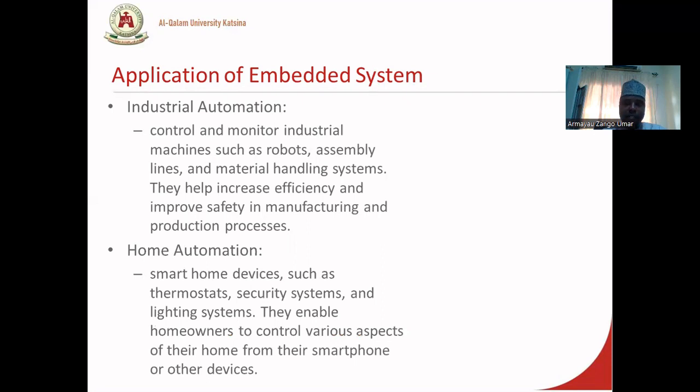Again, recently we have seen developments in home automation, so devices can be controlled remotely by homeowners. One can monitor one's home, even if one is away at work. And all this is made possible by embedded systems.